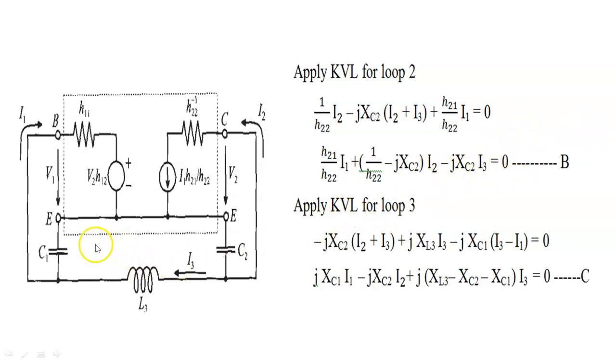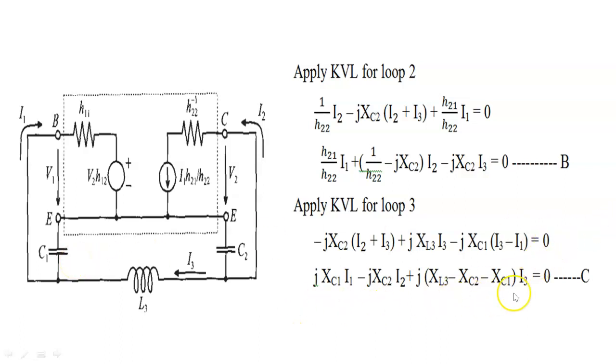Then we apply KVL for loop 3. In loop 3 we have C1, C2 and L3. So minus jXC2 into (I2 plus I3) plus jXL3 into I3 minus jXC1 into (I3 minus I1) is equal to 0.